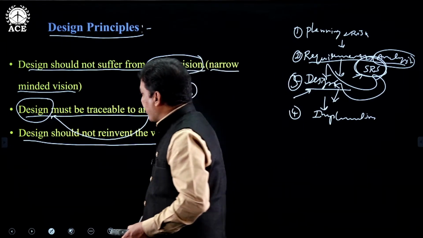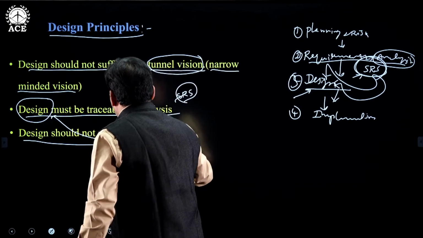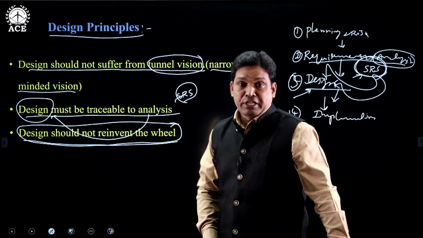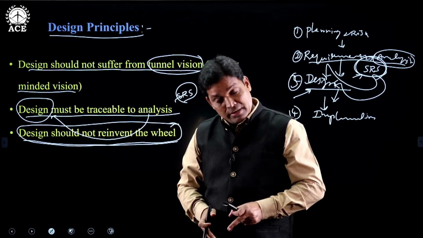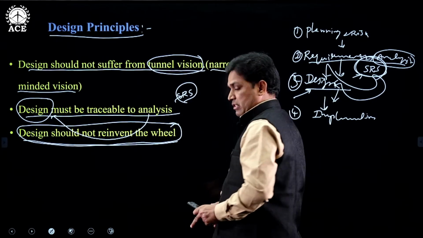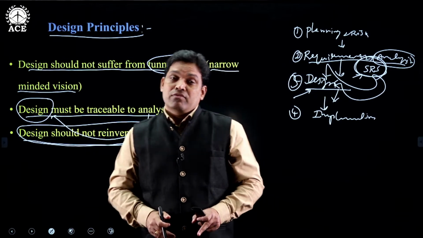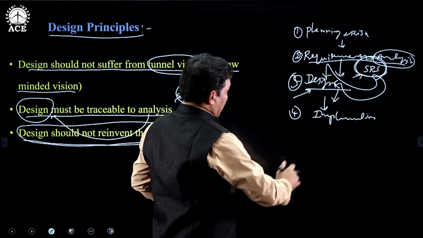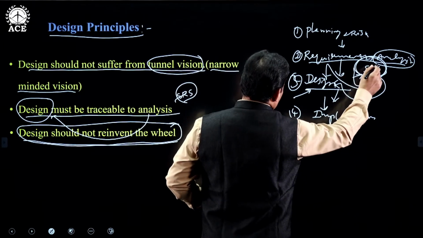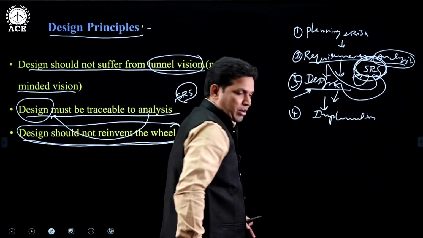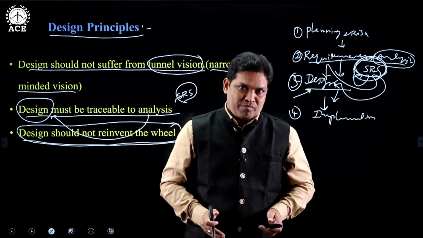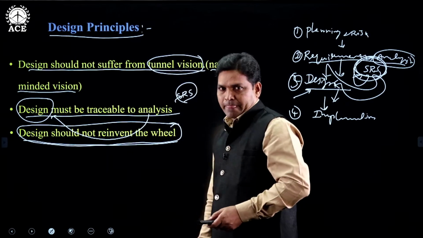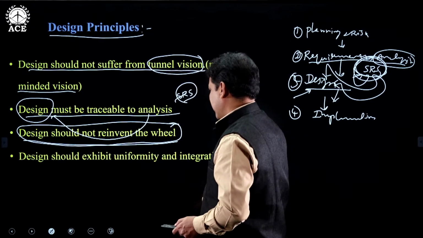That is the meaning of design should not reinvent the wheel. They have to design a software system based on the requirements and analysis, based on the SRS document, based on the client requirements. That is one of the design principles.